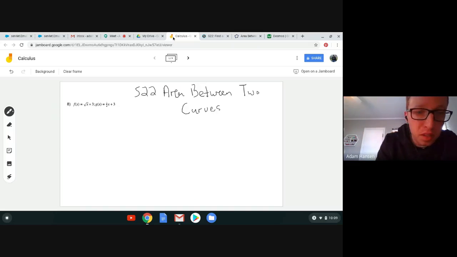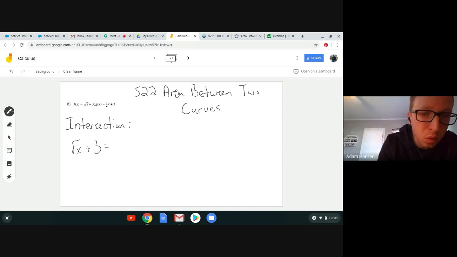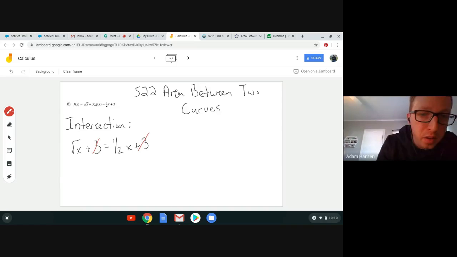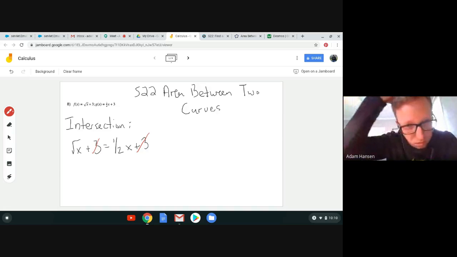So we can simply set these two equations equal to each other to find the intersection. Where is the square root of x plus 3 equal to 1/2 x plus 3? Now I can see if I subtract 3 from either side, that cancels out.